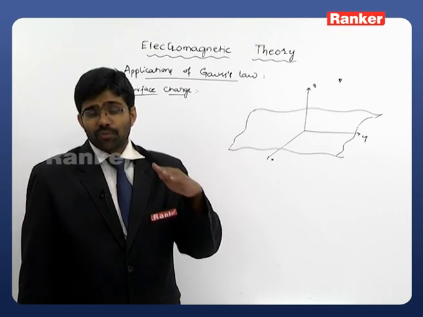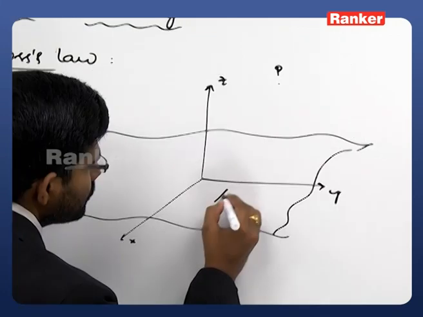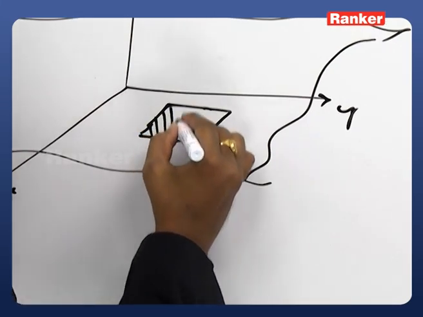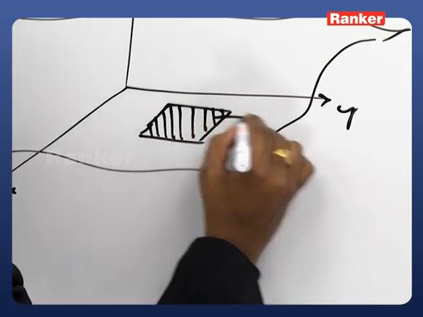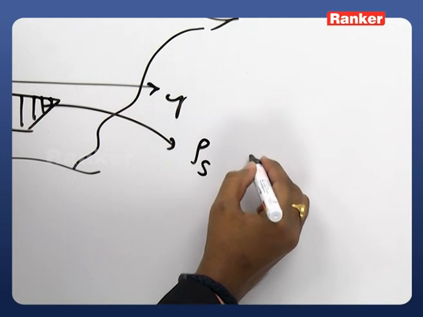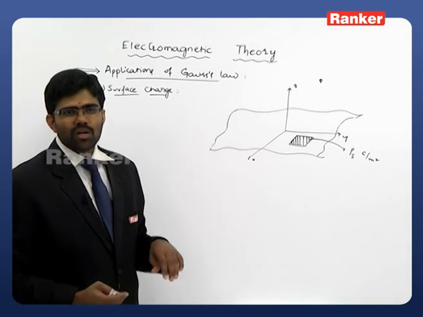For our convenience, I will take a differential area consisting of charge density rho_s coulomb per meter square. That is the surface charge density I am considering.